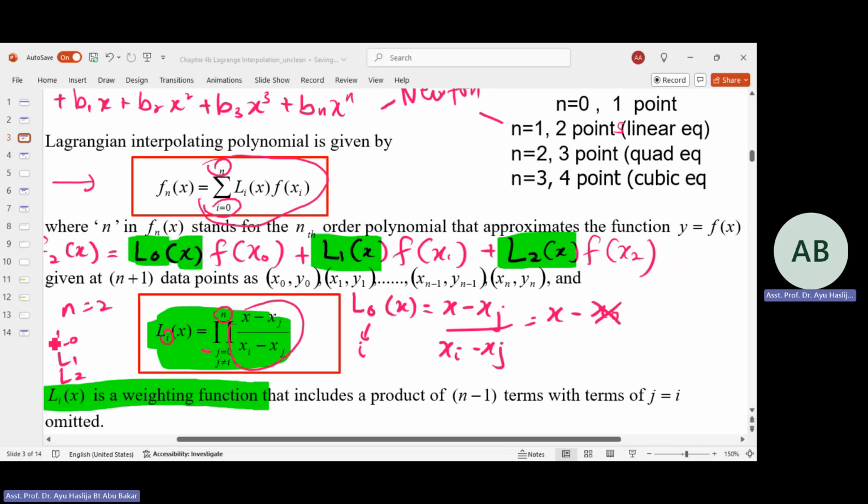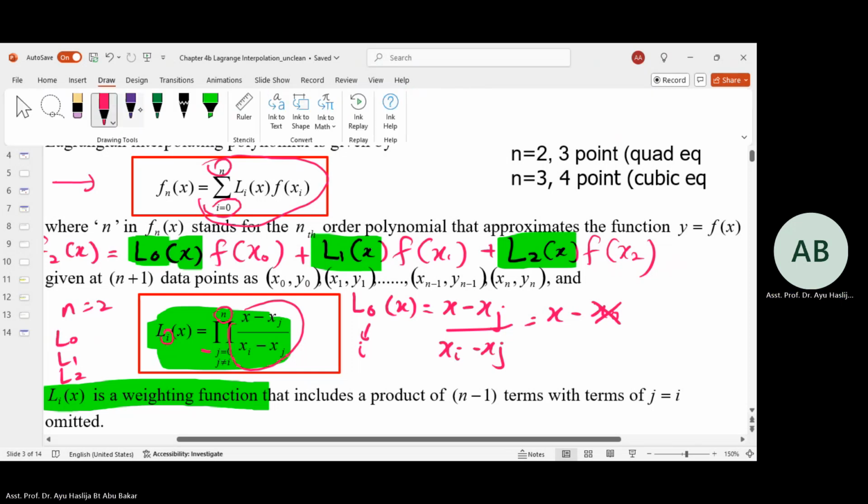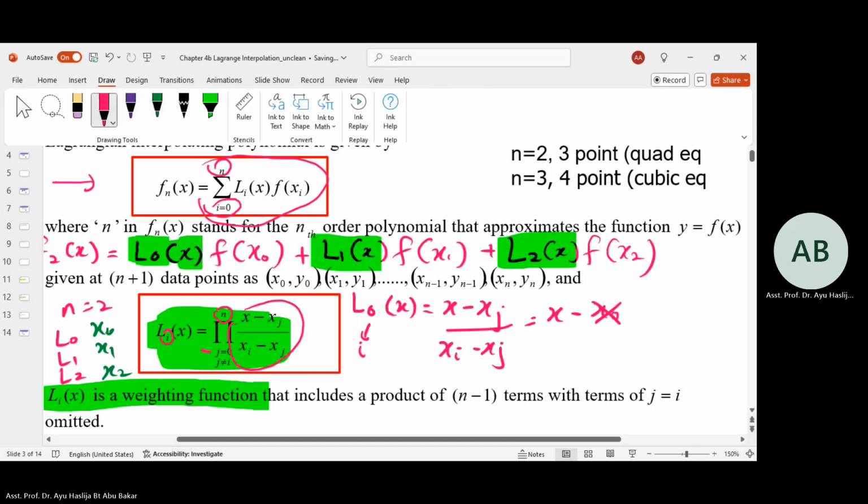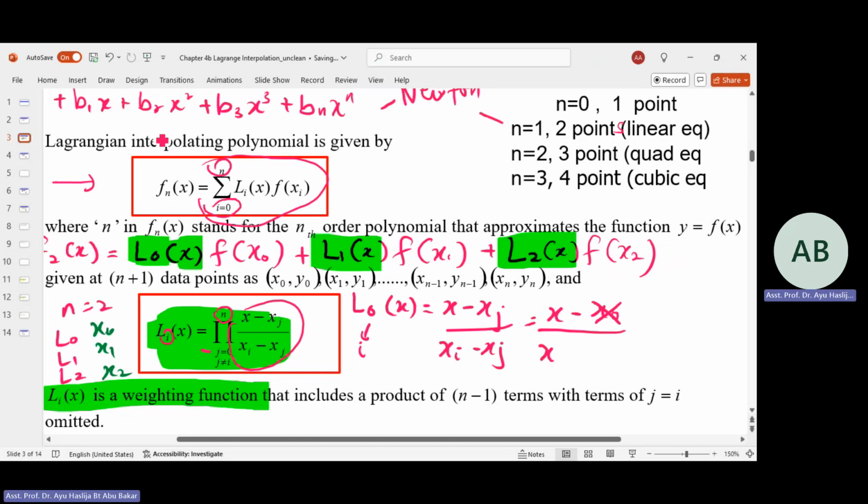For n equals 2, how many points? 3 points, right? Your points are x0, x1, x2. So here, xi is x0, j supposed to start from 0, but j cannot be 0, so this is not valid. You cannot use x0 because it cannot be the same as i.